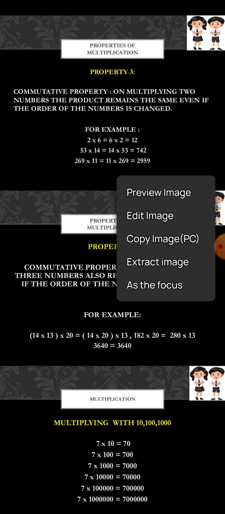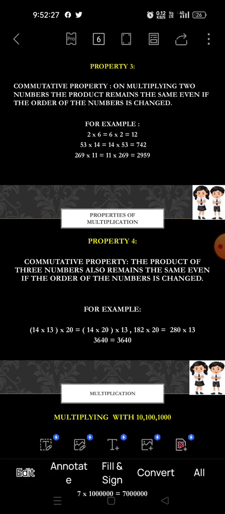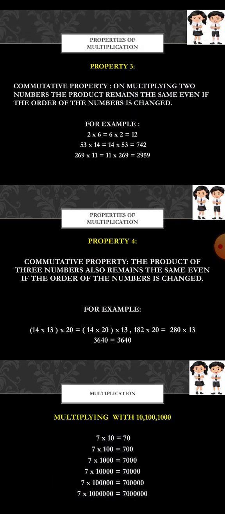Property 3 of multiplication is about the commutative property, which says that on multiplying two numbers, the product remains the same even if the order of the numbers is changed. Now what do you mean by order of the numbers? Order means the position of the numbers. For example, 2 multiplied by 6. Here 2 is at first position and 6 is at second position.